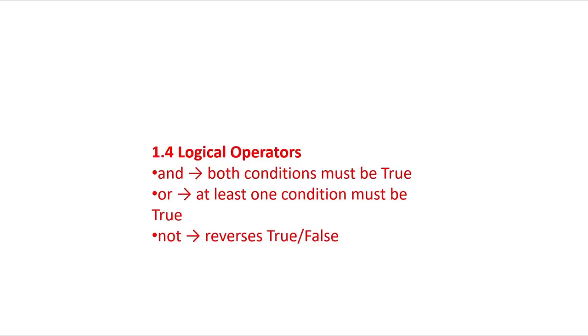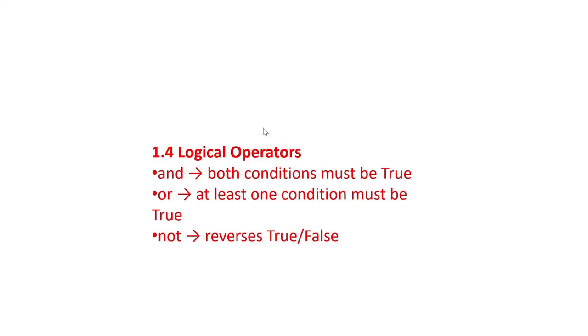That means when you use not, if the condition is false, the code executes. That's just it. It reverses the result of the condition.